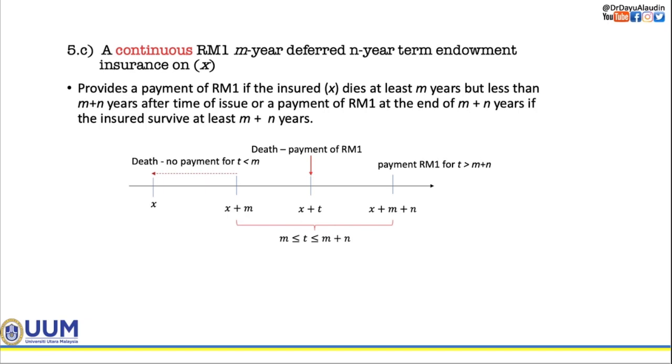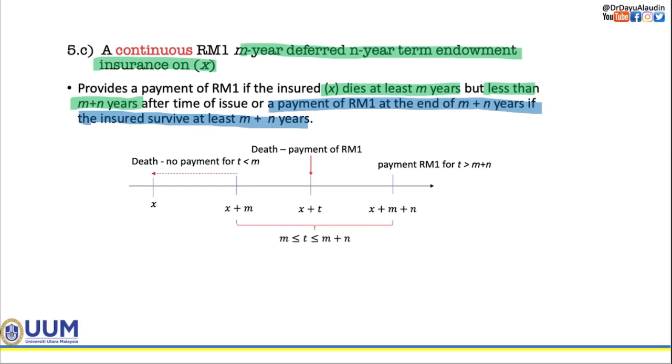The third is a continuous 1 ringgit M-year deferred N-year term endowment insurance on X. So this is the endowment case. It provides a payment of 1 ringgit if the insured X dies at least M years but less than M plus N years after time of issue, or a payment of 1 ringgit at the end of M plus N years if the insured survives at least M plus N years.